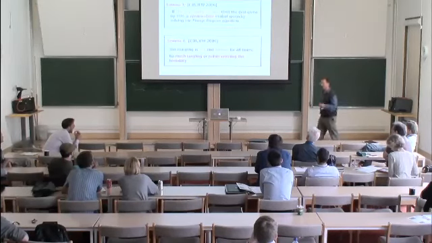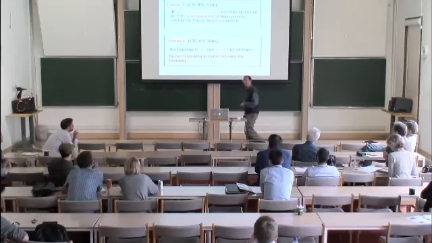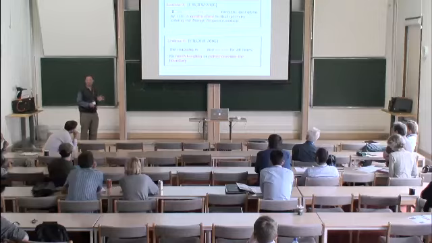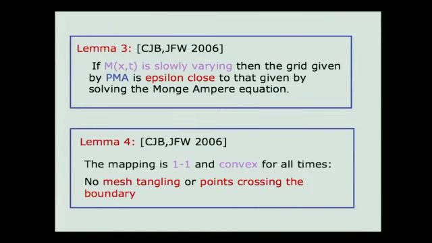It doesn't matter how much vorticity there is in the solution, what nasty things are going on, you will always have one-to-one really nice meshes coming out of it. And this really took a lot of proving and required careful use of maximum principles and so on. Also, mesh points don't cross the boundaries, everything stays where you want it. So it's a very, very strong regularity result.